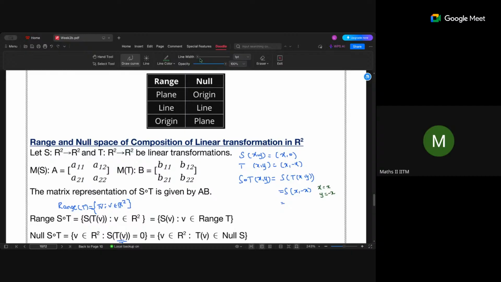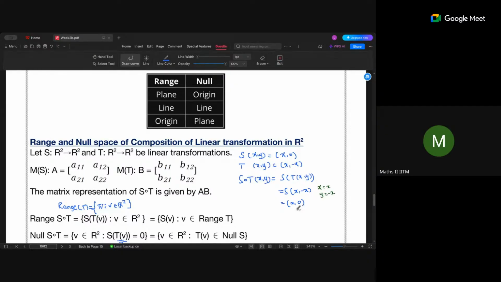So what will you get here? (x, 0). The second coordinate should go to 0, that's all. Now S composition T of (x, y) is (x, 0).